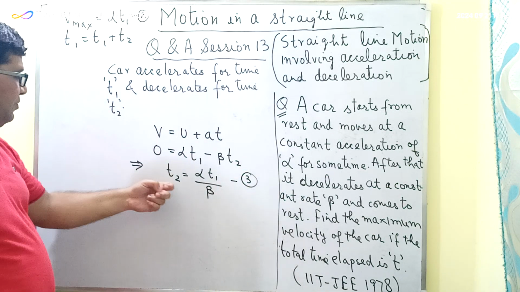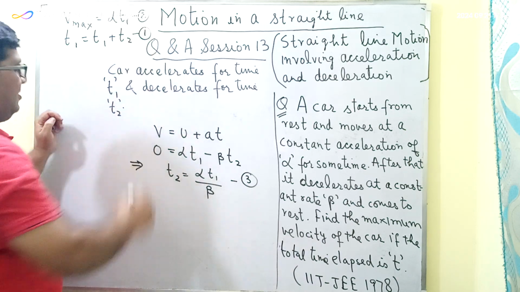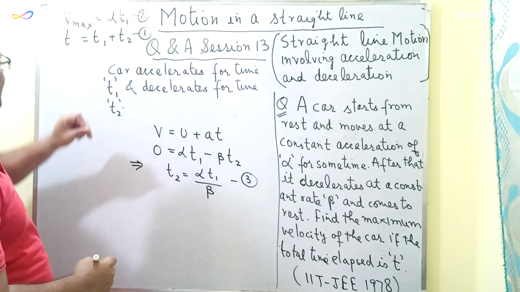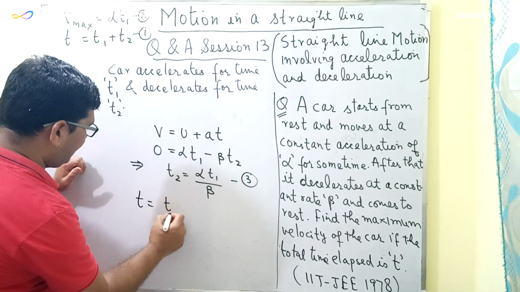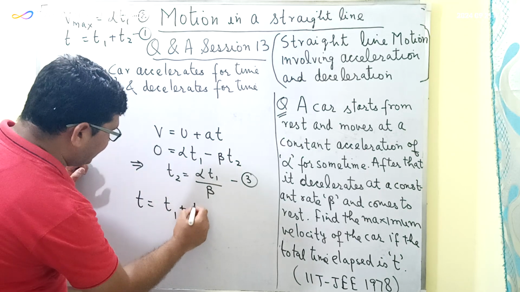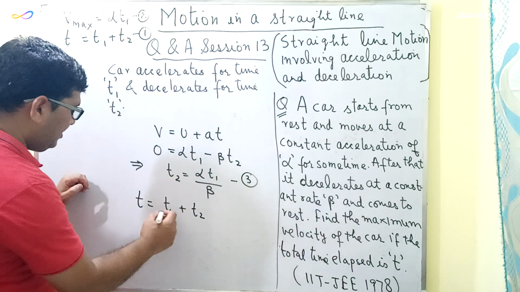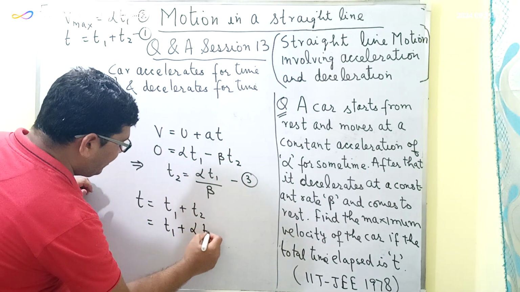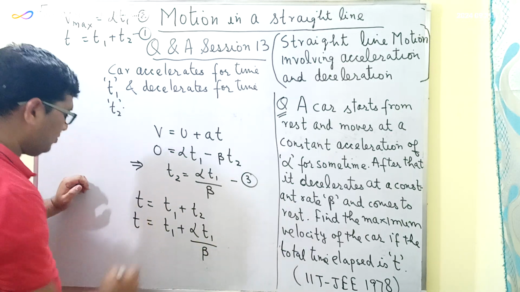So if I substitute this value of t2 in equation number 1, that is t is equal to t1 plus t2, where t is the total time elapsed, this will be equal to t1 plus alpha t1 divided by beta, and this is equal to t.